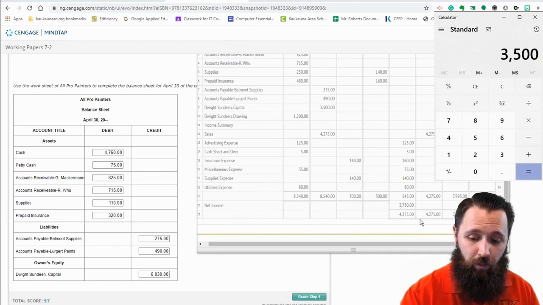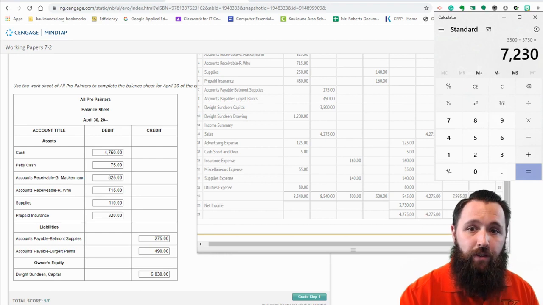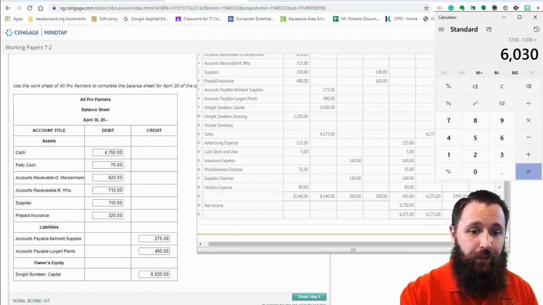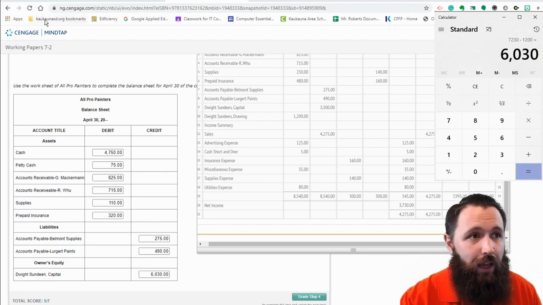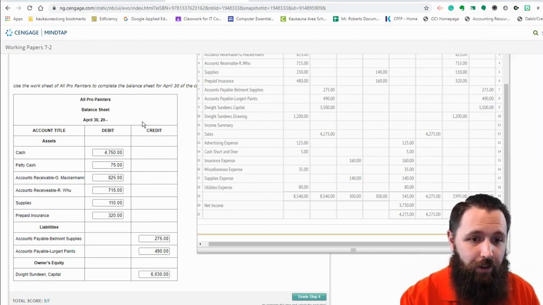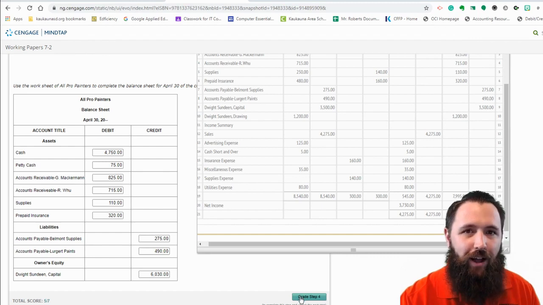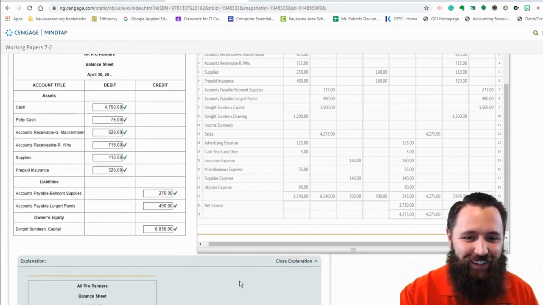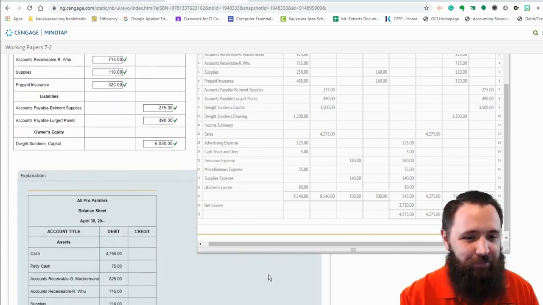Because it's a net income, we're going to add. So add 3,730 and then subtract the drawing. The drawing's 1,200. And we get 6,030. That is what you will have to do on the test, okay? That's why I keep bringing it up. I keep saying this is what you'll have to do on the test. All right, good to go here.